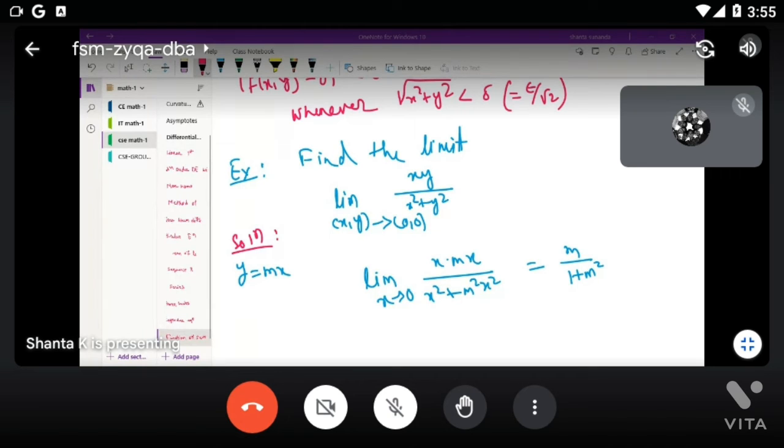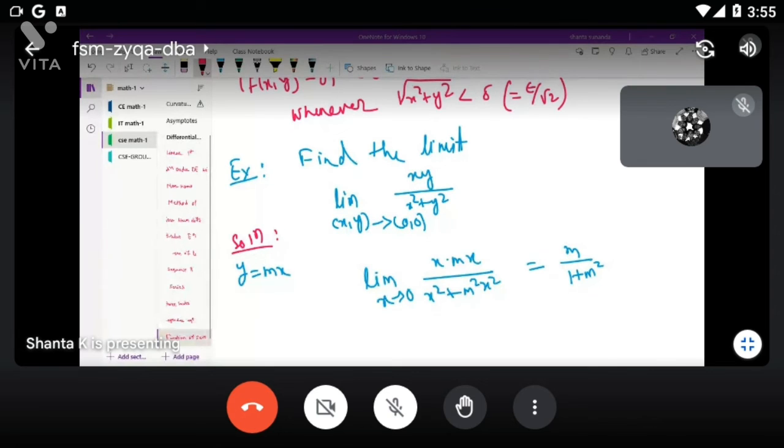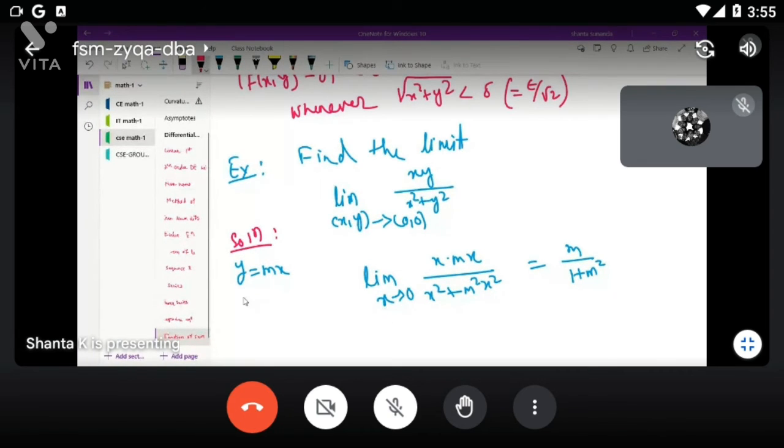See, I have written y equals mx. What are the paths, do you think? Y equals mx means we are considering all the paths: y equals x, 2x, 3x. So if you consider different values of m, you will have different limiting values. So the limiting value depends on m.